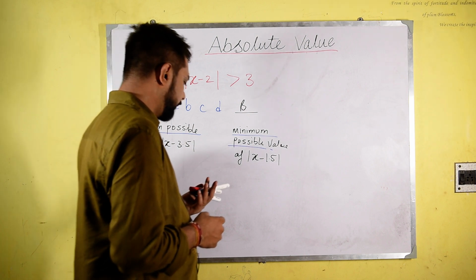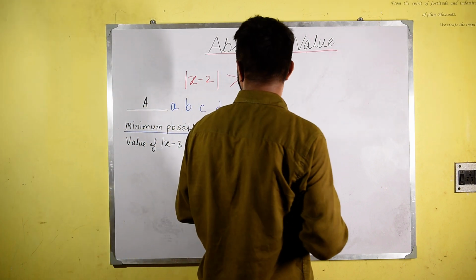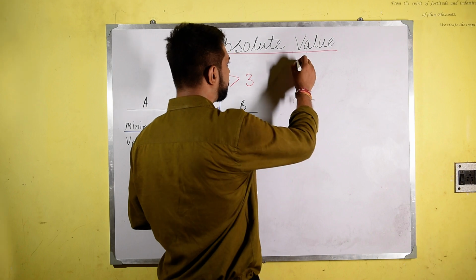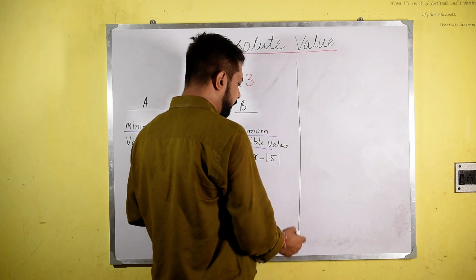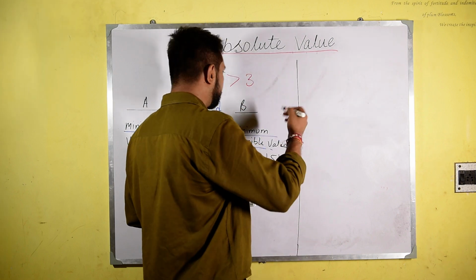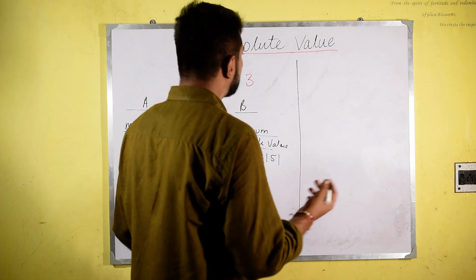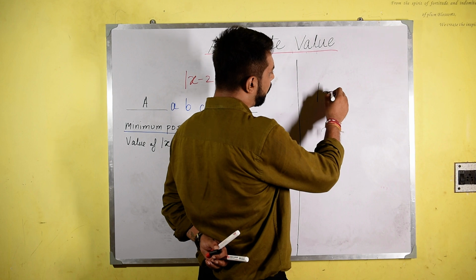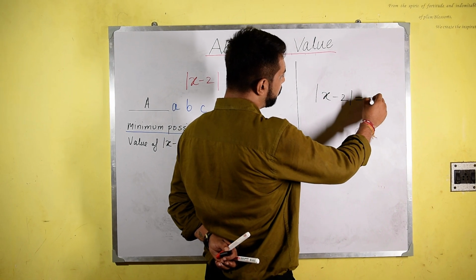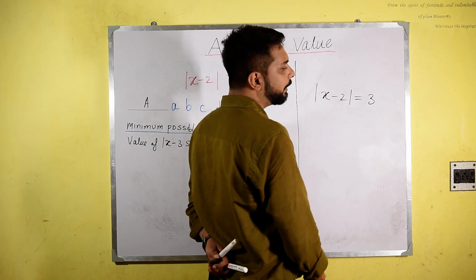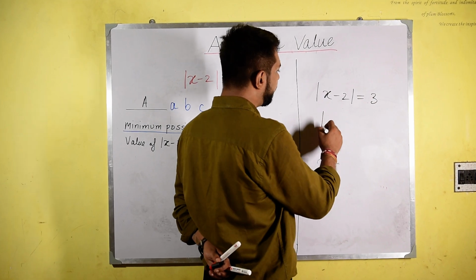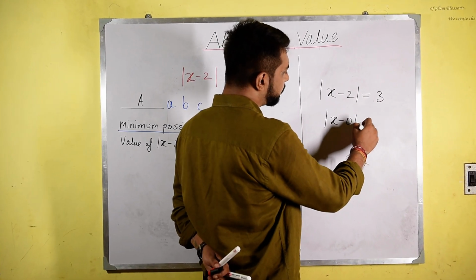Before we solve it, guys, let me repeat the concept which we have already covered. I am reiterating it so that you can connect it. If it is given that mod x minus 2 is equal to 3, what do we mean by that? Let me reiterate this way: mod x minus 0 is equal to 3.